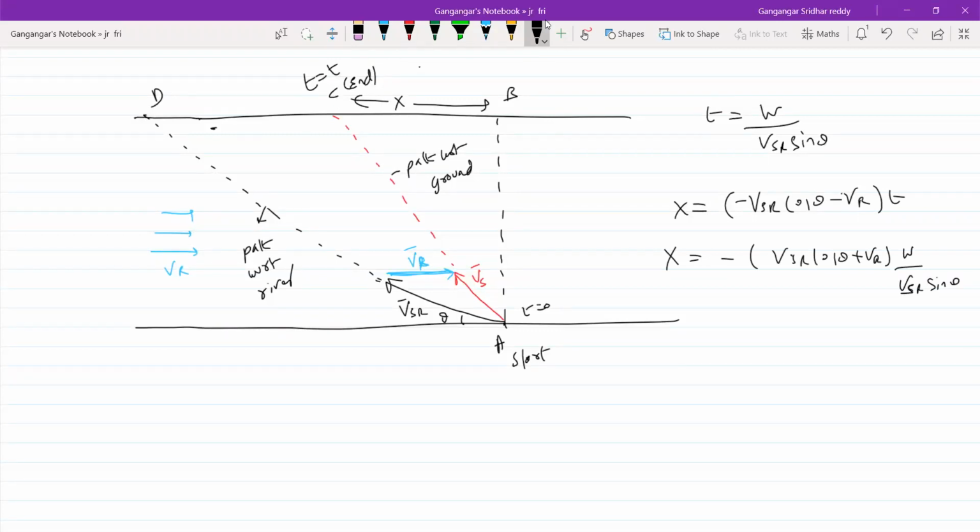The swimmer says, I'm heading to point B, but he will end up at point C. So now look at this one. Is he swimming up the stream or down the stream? The swimmer swims up the stream. So where is he reaching? On the left side of point B.